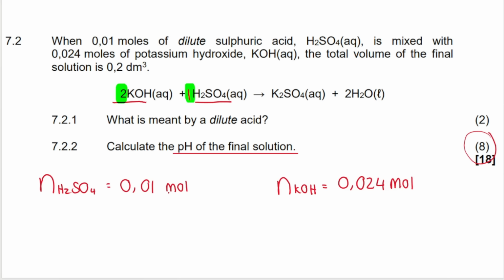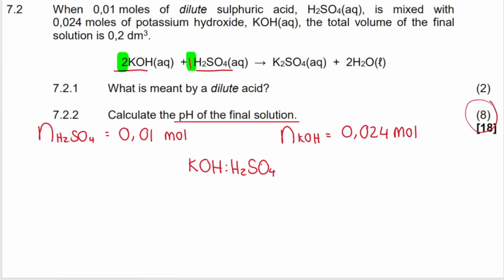So we go like this. KOH reacts with H2SO4 in a 2:1 ratio. Now, let's say I want to use up all of the acid. I can work out how much of the base would react with the acid.